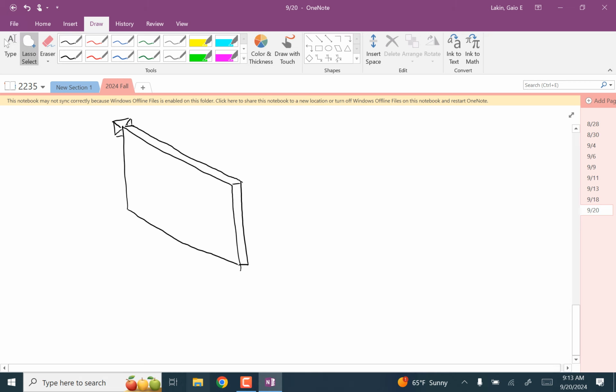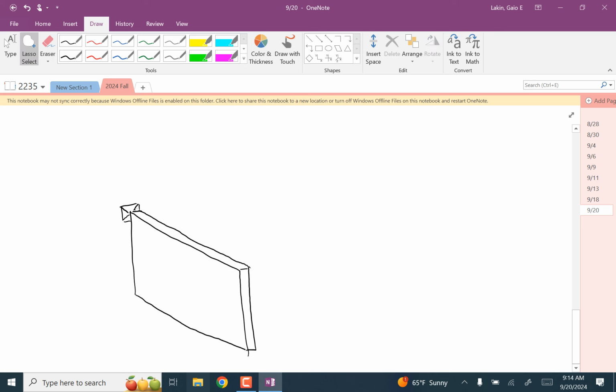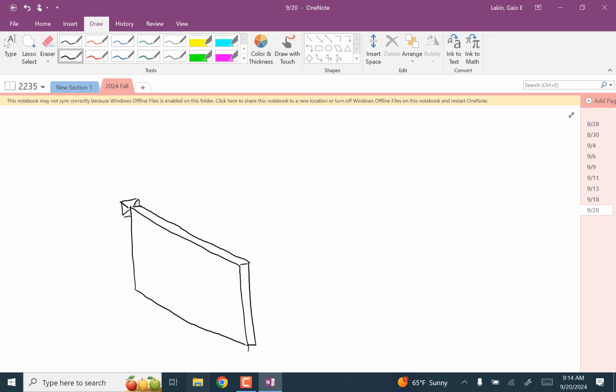I got to give myself more room. And 2 cables. So one cable is at the end, and its location is, okay, so that's a cable.